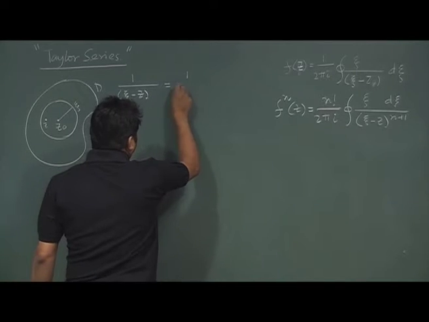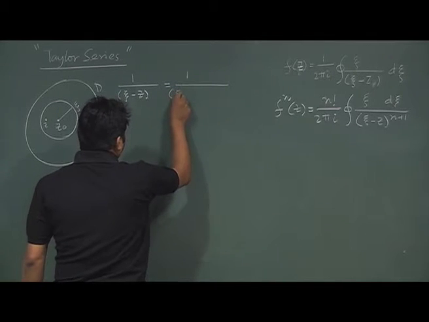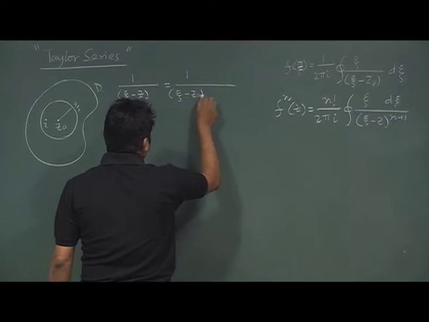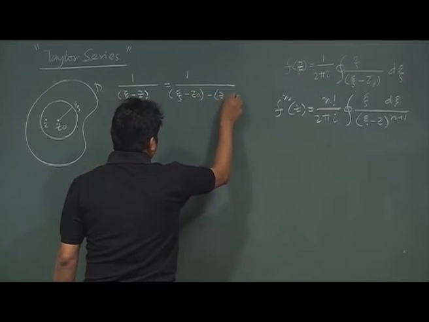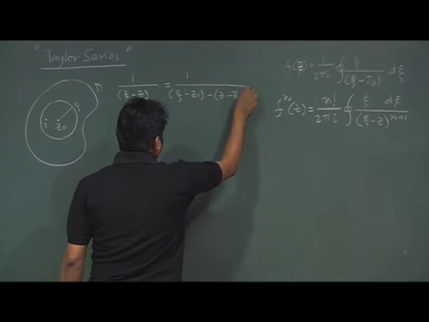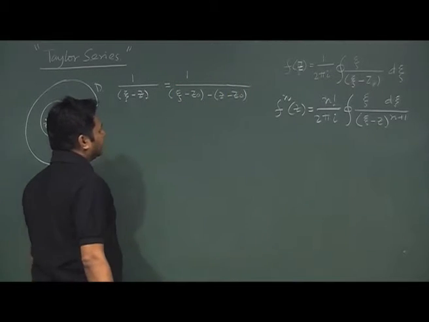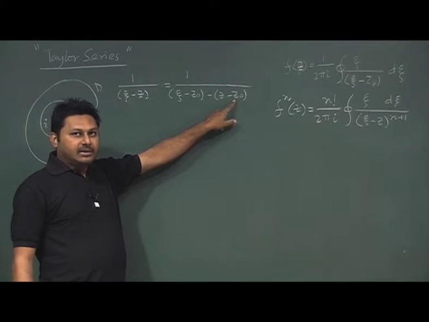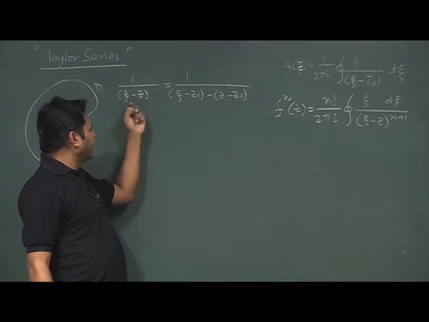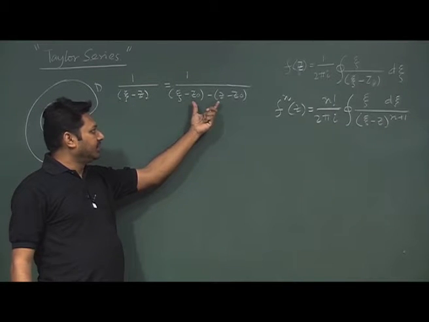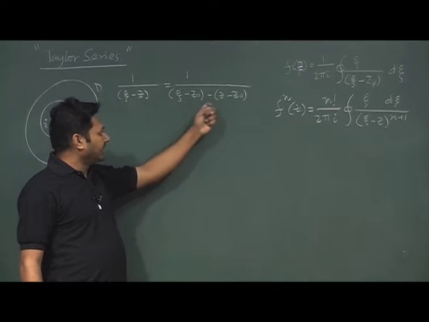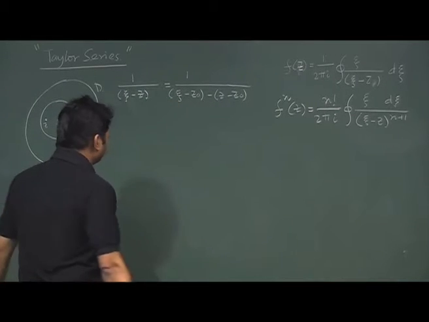Let me write this as xi minus z0 minus (z minus z0). Minus z0 and plus z0 I add and rewrite the same expression in terms of z0, so that the z0 terms will cancel out, and just xi and z are sitting here.